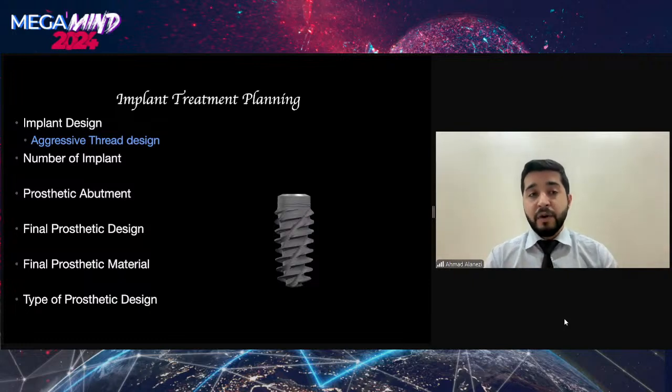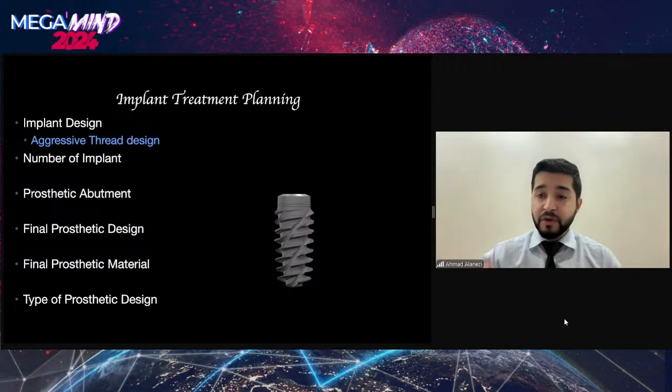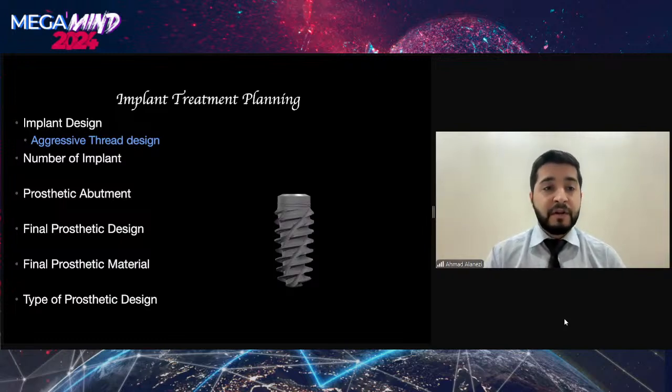In this case, I wanted to use an aggressive thread implant design. The reason for that is because I wanted to ensure a high insertion torque during my implant placement, as well as load my prosthesis on the same day of surgery and have the patient leave the office with a converted prosthesis.